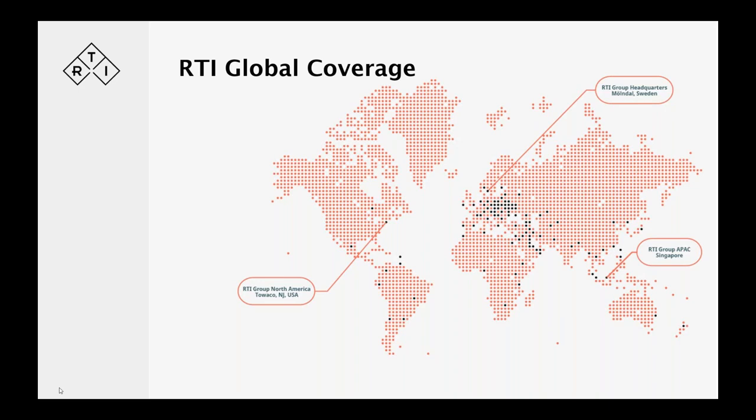We do have a sales office in Singapore that handles the APAC region. And of course, an office in North America, in New Jersey, where we also have sales as well as service and calibration facilities.